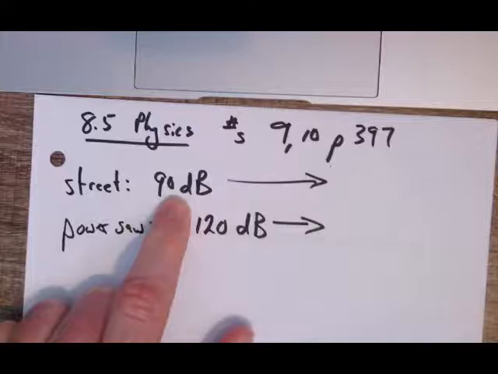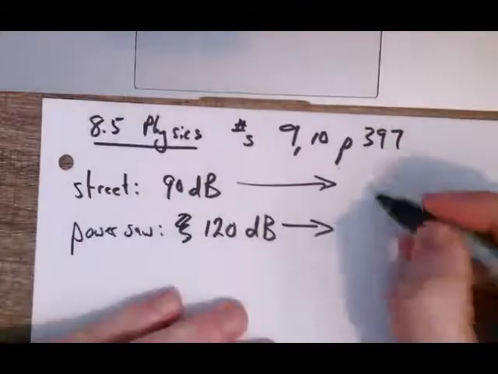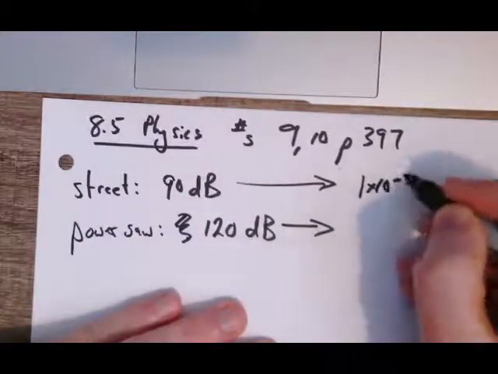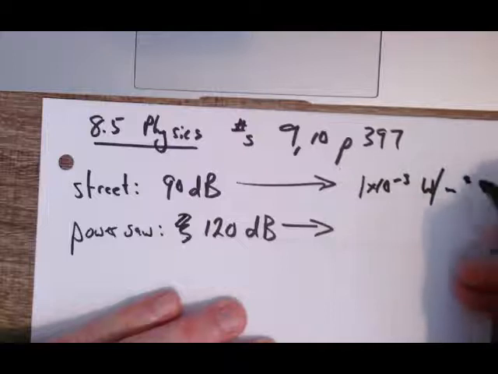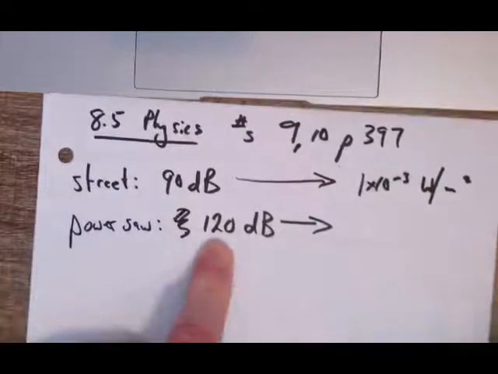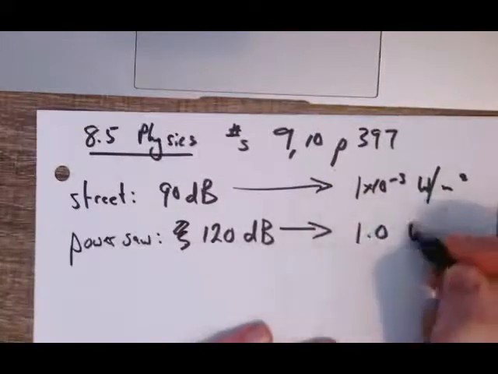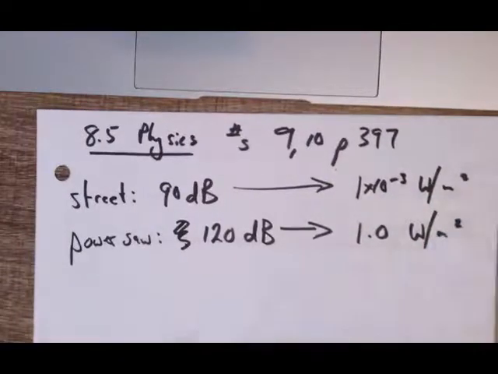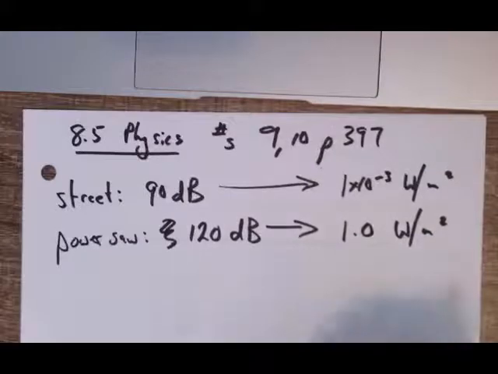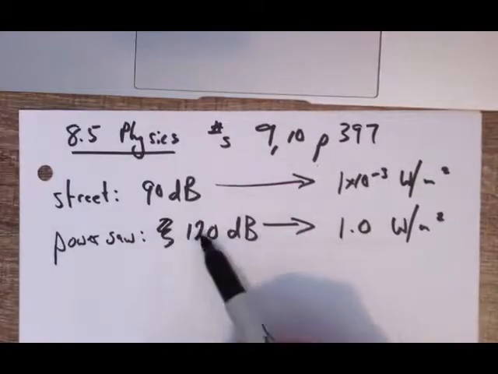In the street, 90 decibels, the sound intensity is 1 times 10 to the negative 3 watts per square meter. 120 decibels is 1 watt per square meter. So this goes up by 30.